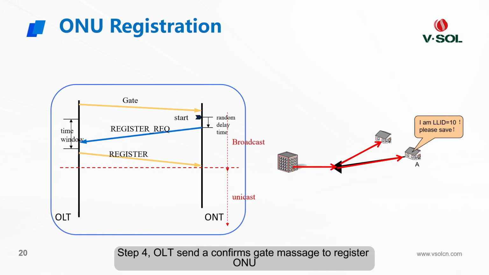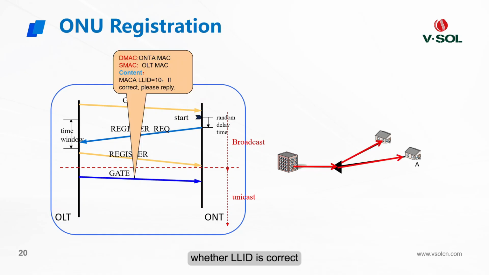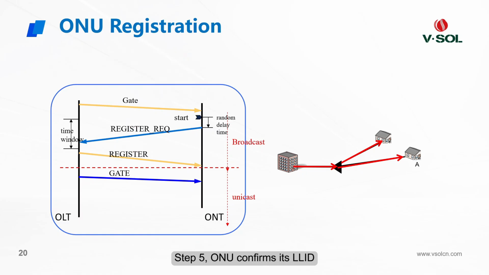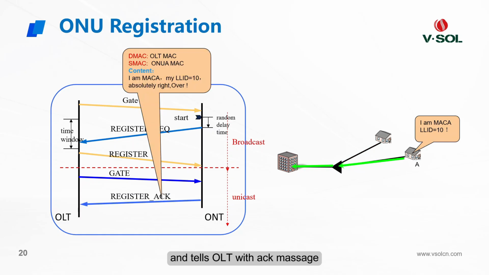Step 4, OLT sends a confirming gate message to the registered ONU to check whether the LLID is correct. Step 5, ONU confirms its LLID and tells OLT with ACK message. Like ONUA says my LLID is absolutely right, over. The above is a complete registration process.